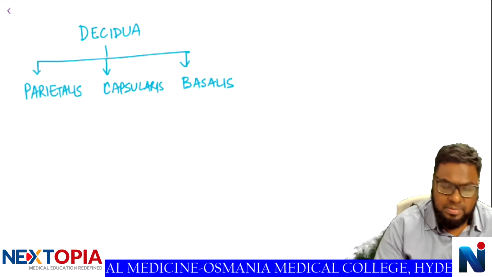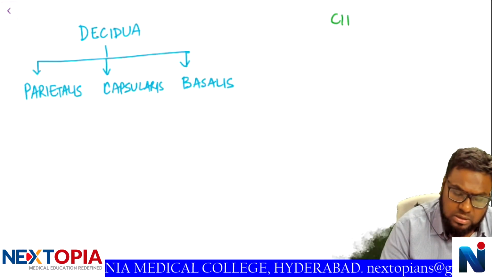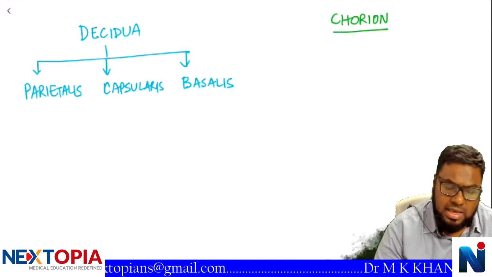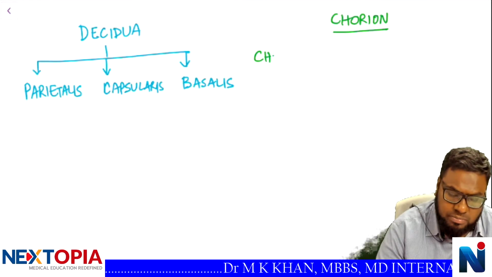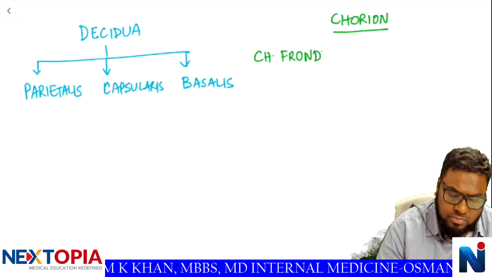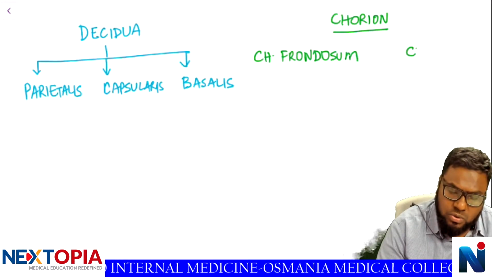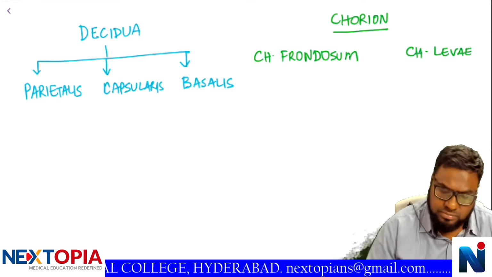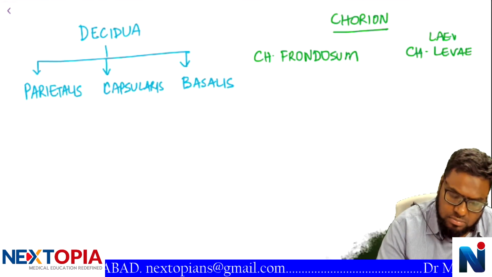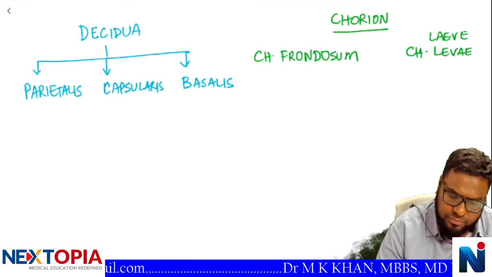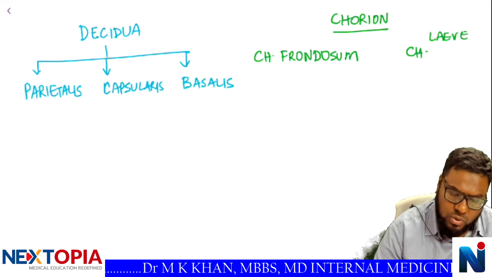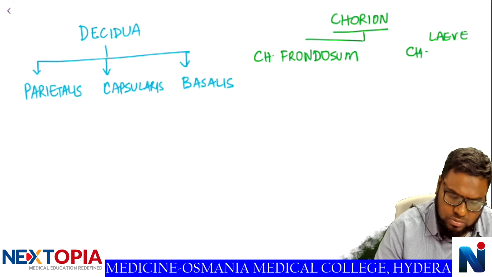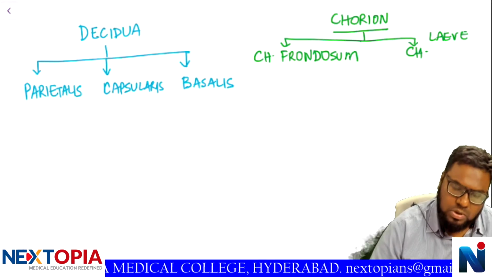Similarly, the chorion, that part of the placenta contributed by the fetus, is divided into chorion frondosum and chorion laeve.